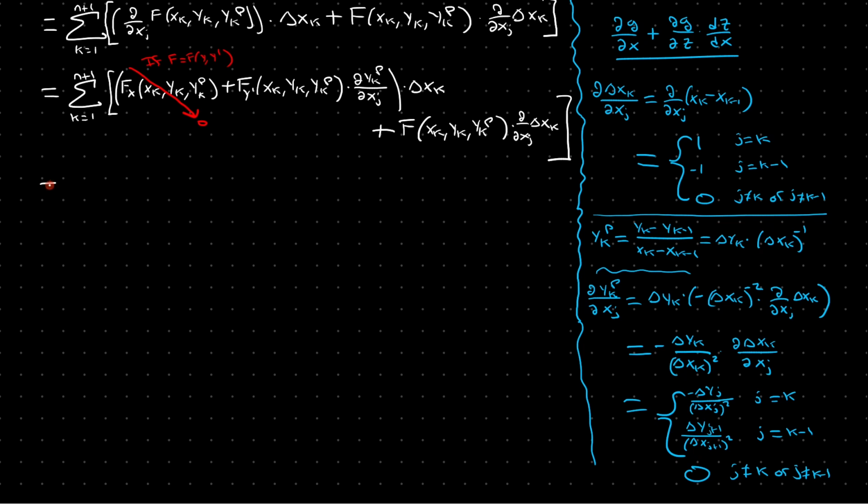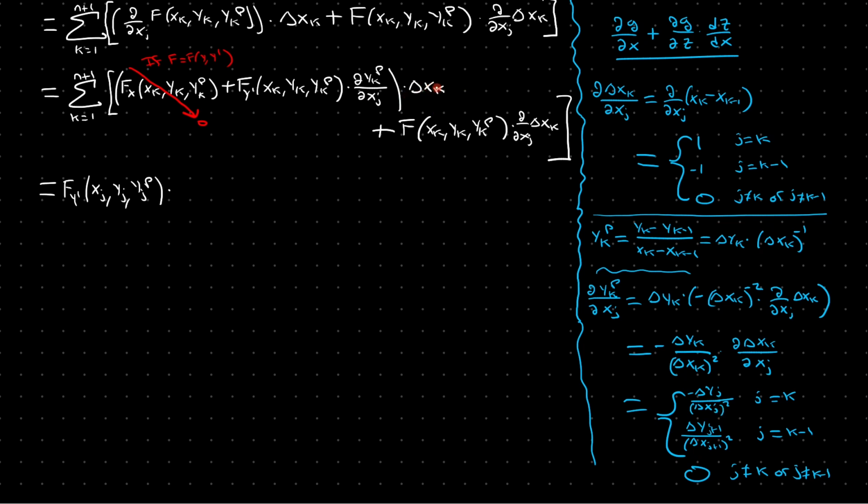This will be equal to just this term right here when j equals k, when j equals k minus 1. When j equals k, you have fy prime at xj, yj, yjp times, and this is where things get really nice, you have negative delta yj over delta xj squared.